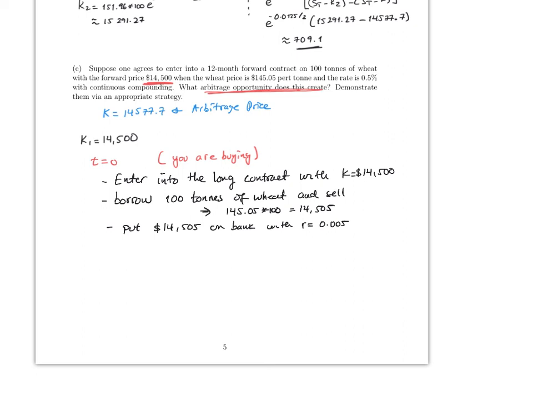So that's what happens at t equals capital T, which is currently 1 year. Then after 1 year, from the bank, you get 14,505 times whatever the interest you will get, which is around 14,577.7, which is the arbitrage price.